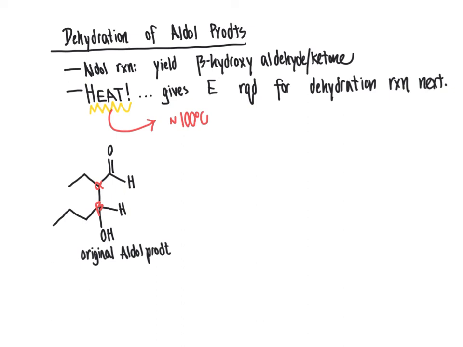On the other hand, if we were running the reaction with heat at, say, 100 degrees Celsius, which we could recognize in a reaction because it would have to be labeled that the temperature was 100 degrees, there's base floating around in solution because we used our base there as a catalyst.